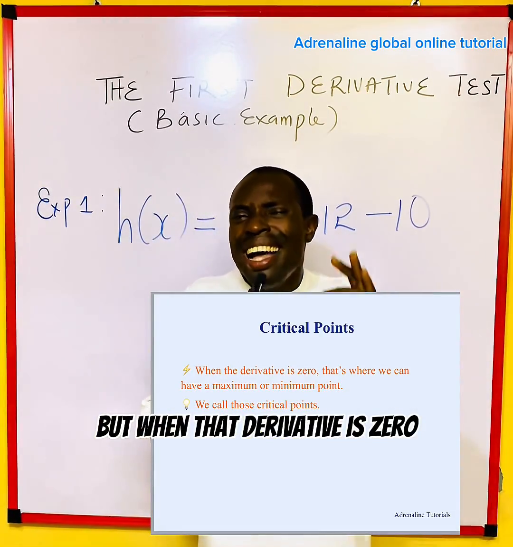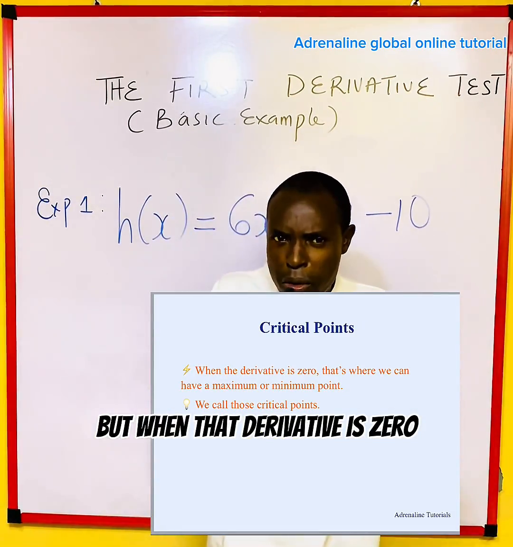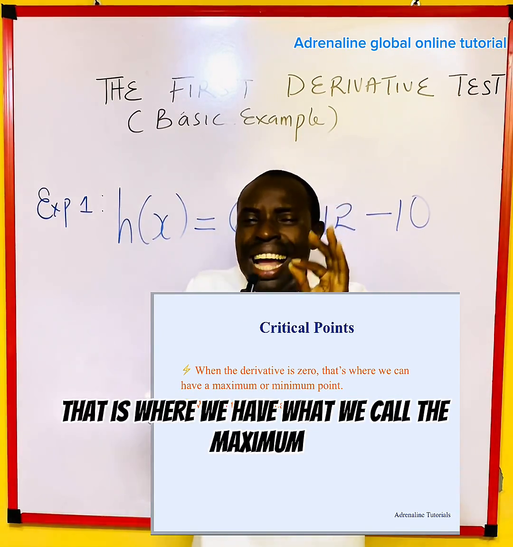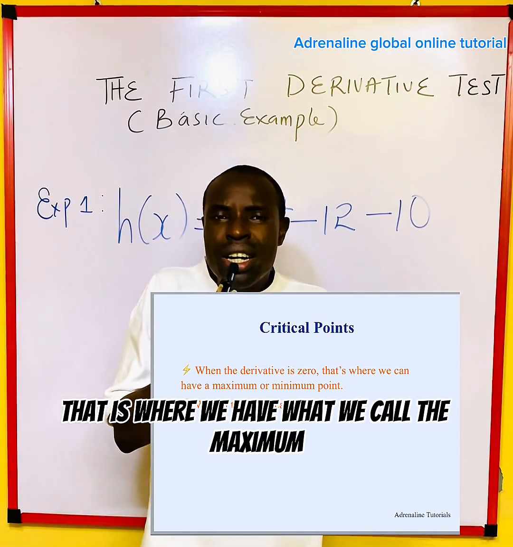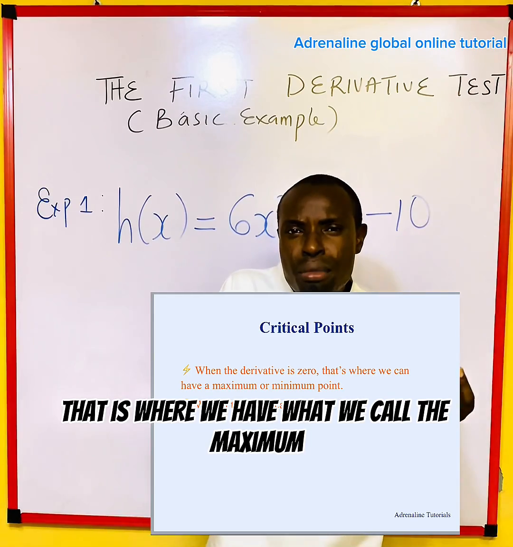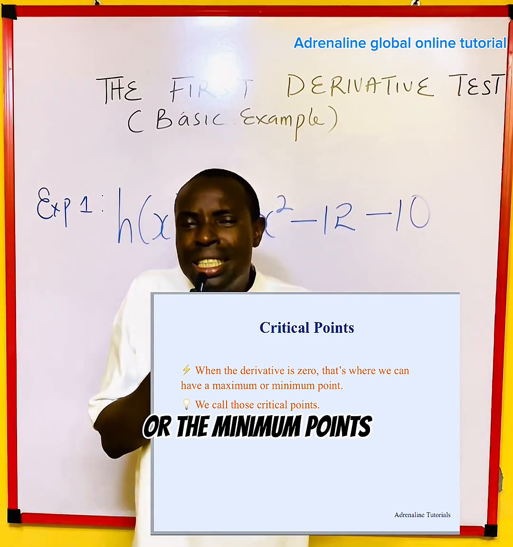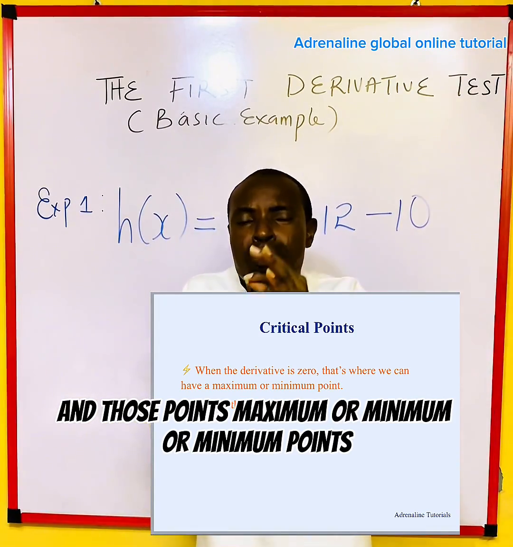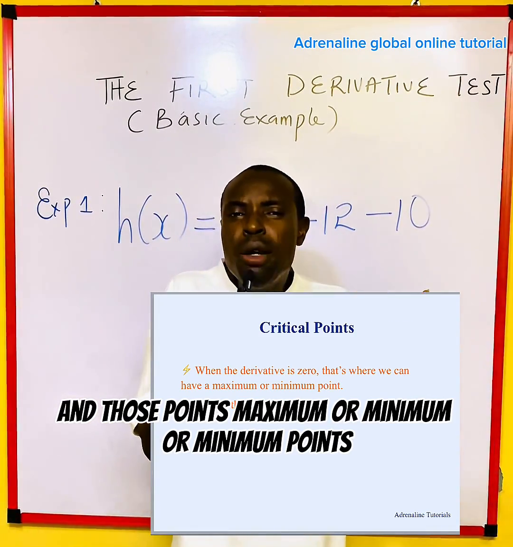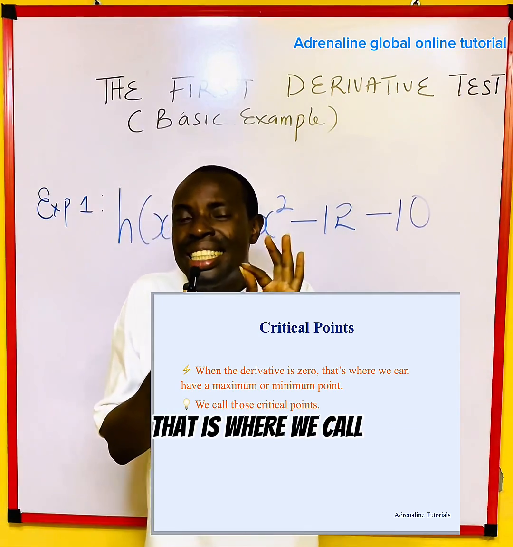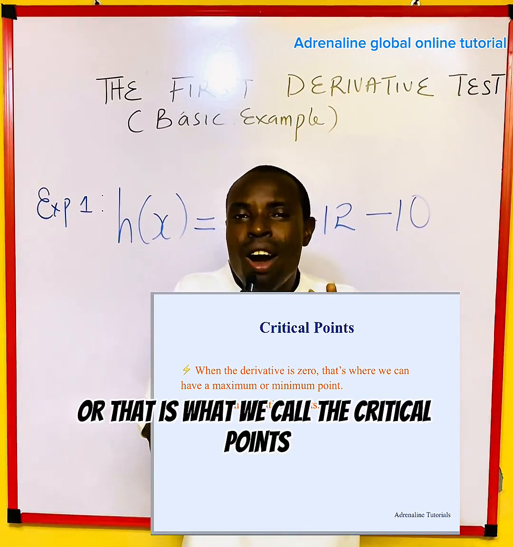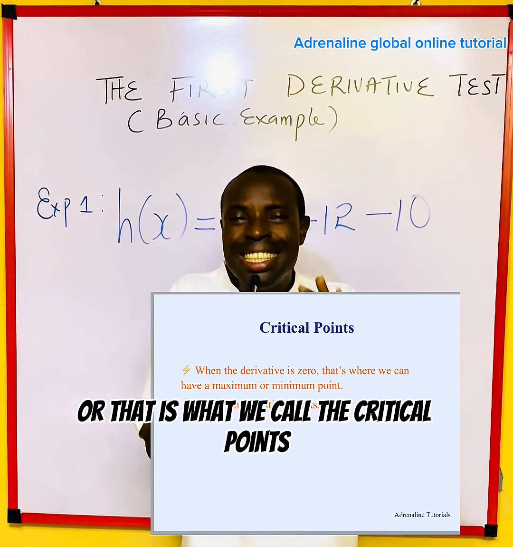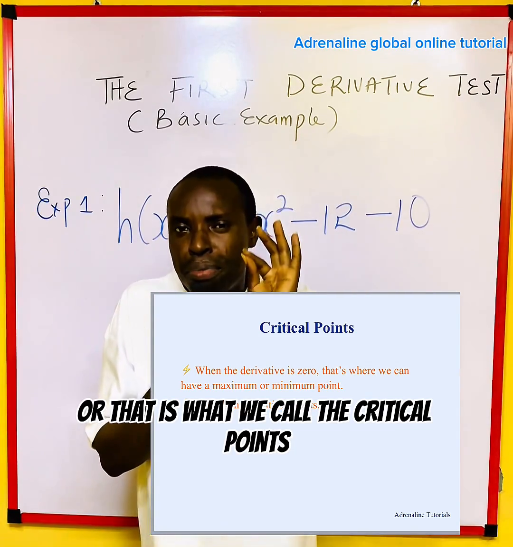But when that derivative is zero, that is where we have what we call the maximum or the minimum points. And those points, maximum or minimum points, are what we call the critical points.